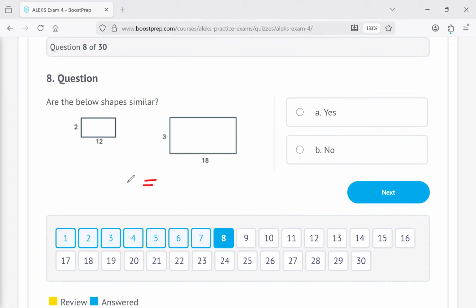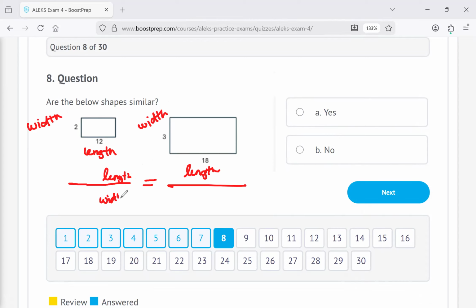So let's set up a ratio. In this rectangle, we have two sides, the length and then the width, right? Same thing here, the length, the width. So on this rectangle, we'll use length on the top, width on the bottom.